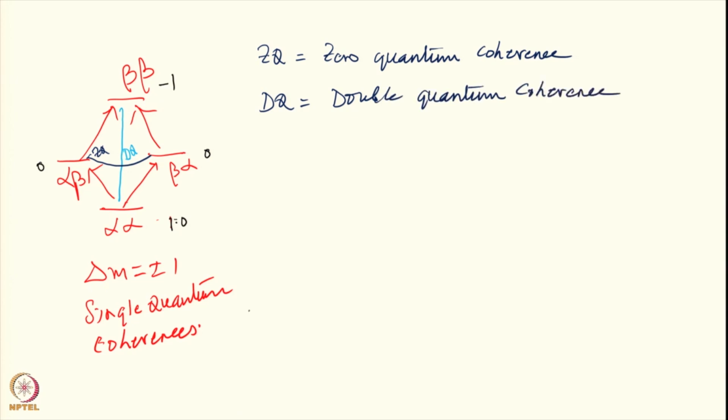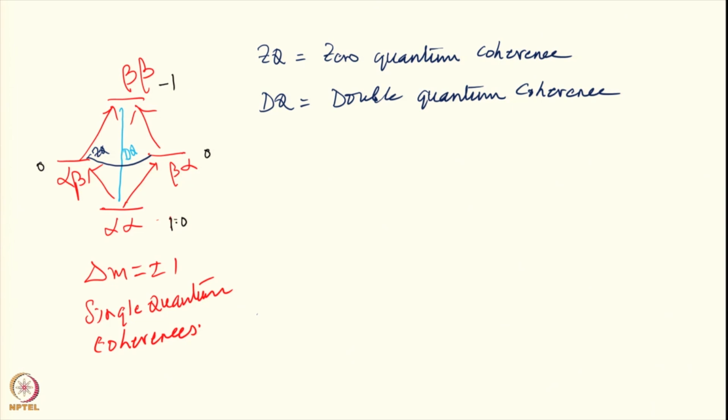So, during the magnetization flow such kinds of magnetization terms will be created. Okay. How do we know these ones? What are the kinds of magnetization terms which represent this? This is what we will see now.